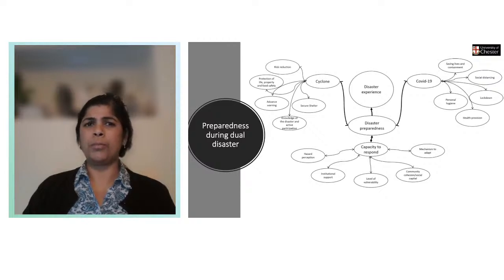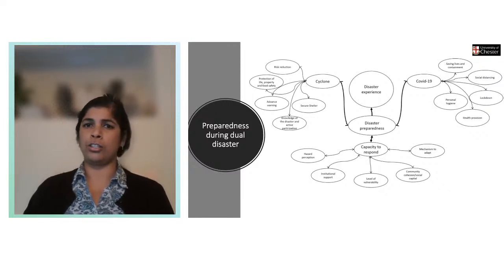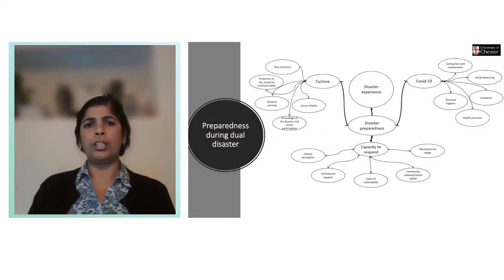As I mentioned before, Bangladesh is prone to cyclones. So the Ministry of Disaster Management and Relief is responsible for coordinating national disaster management efforts. The coastal population has a reasonable understanding of cyclone risk, and they have their own ways of reducing those impacts.